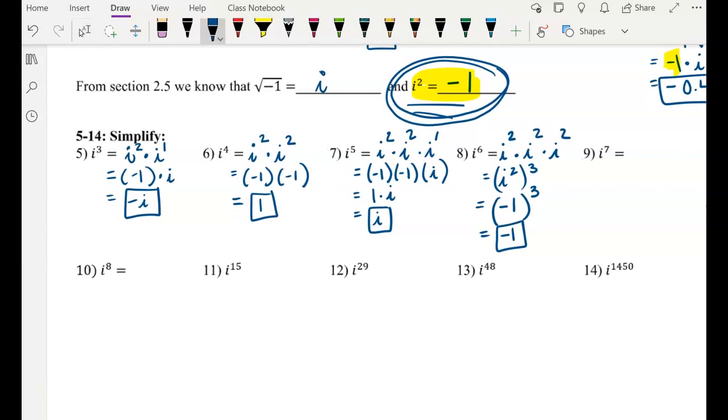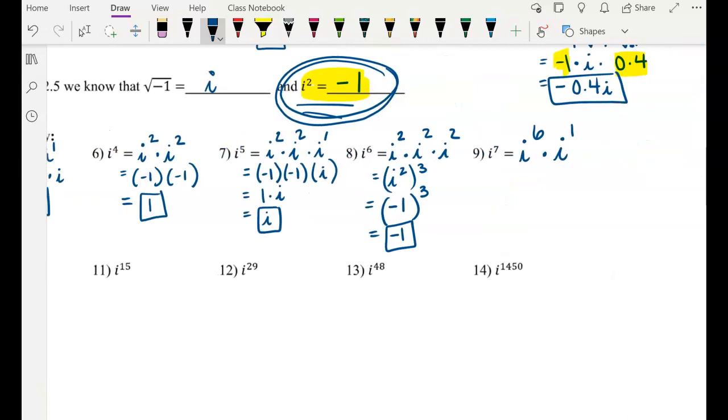All right, so i to the seventh, students, we cannot make perfect sets of i's. 7 is an odd number, but we can always break it up into an even power, and then there's 1 left over. As you can see, in i to the 6, we can make 3 sets of i squared, right? So i to the 7th is 3 sets of i squared, and that i to the first power doesn't make another pair because it's flying solo.